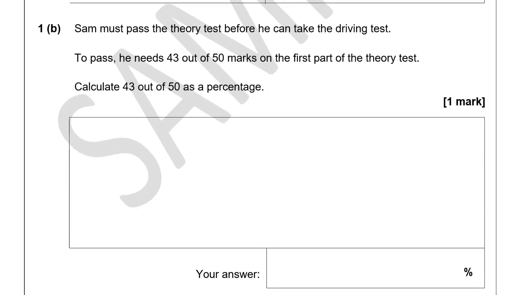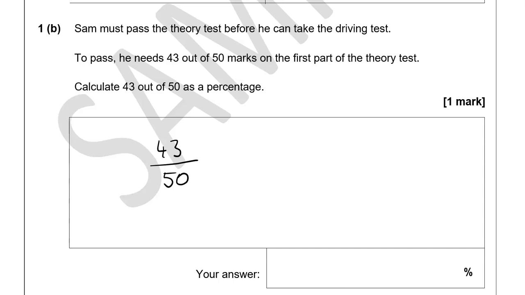Sam must pass the theory test before he can take the driving test. To pass, he needs 43 out of 50 marks on the first part of the theory test. Calculate 43 out of 50 as a percentage. So that is 43 over 50.